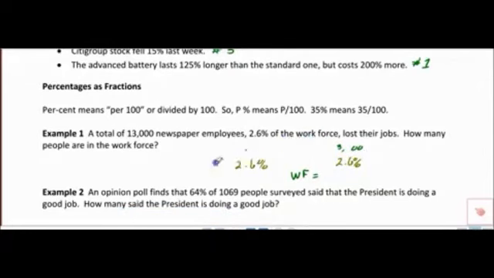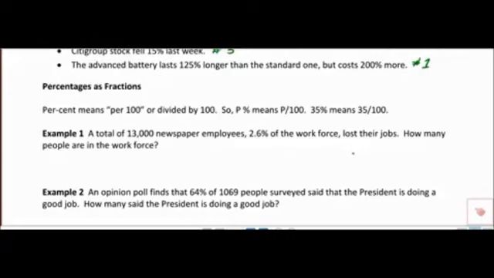All right, so let's take a look at example 1. We're going back to that workforce situation, and we've got the 13,000 newspaper employees that lost their job, and that 13,000 represents 2.6% of the workforce.